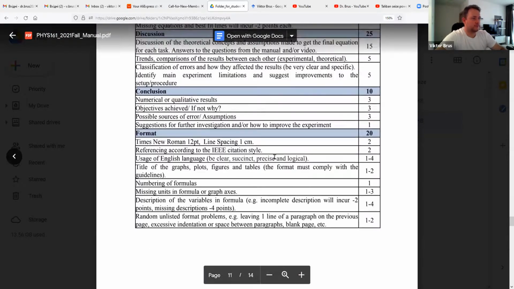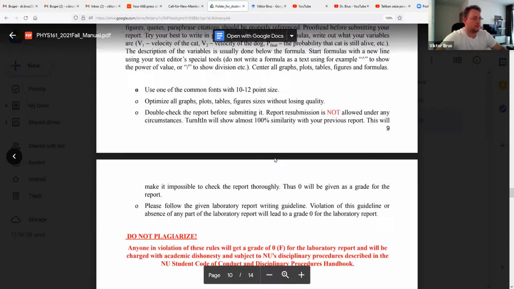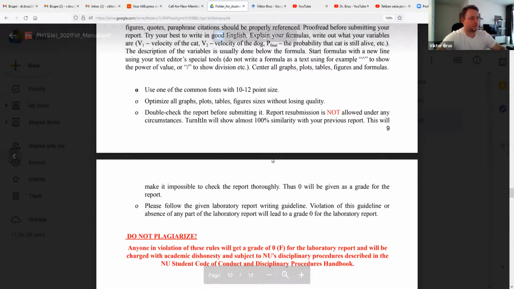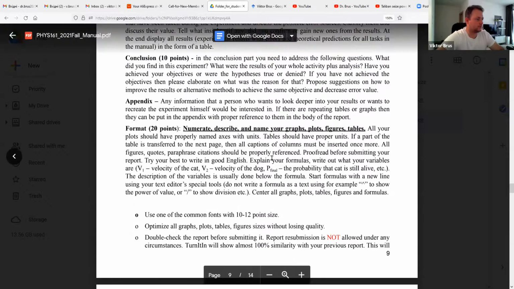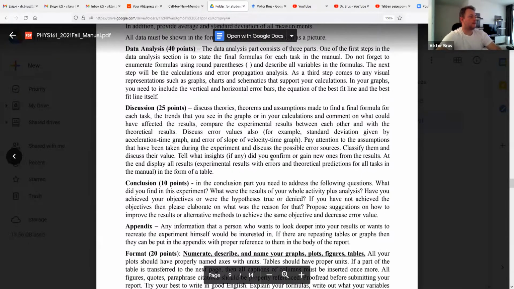Then these cases will be considered by him, and based on his decision, you either get a higher grade or no change to your grade.